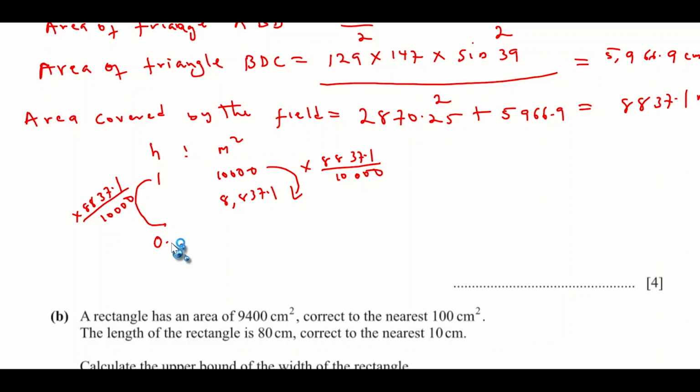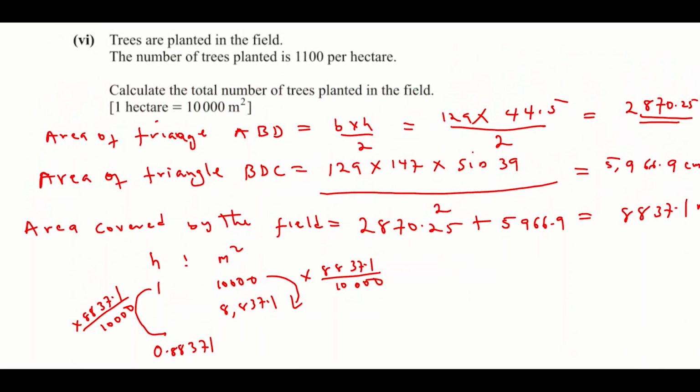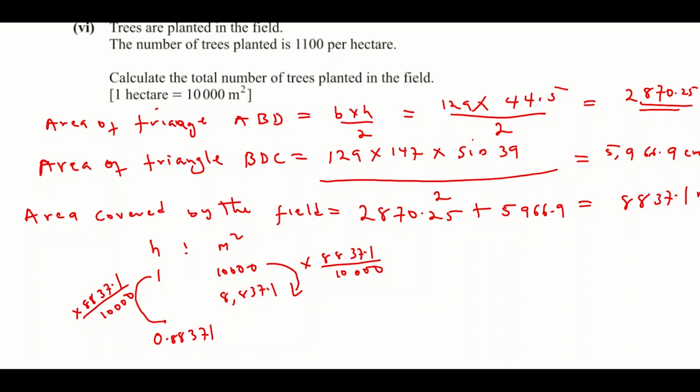So 0.88371. That would be the equivalent of the area covered by the field in hectare. Okay, so we can now calculate the total number of trees planted in the field.